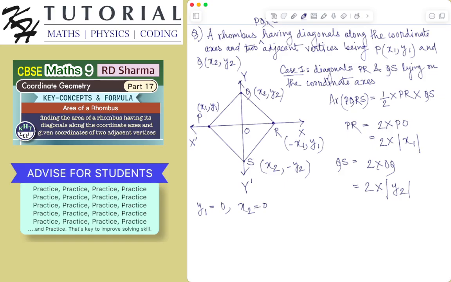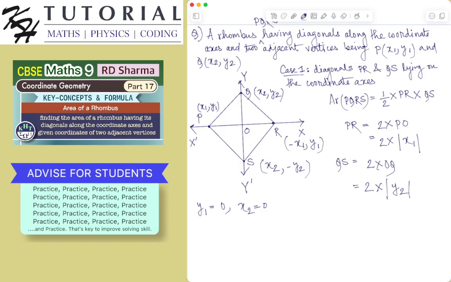So based on the coordinates of the adjacent vertices P and Q, you have to judge whether the diagonals are lying on the coordinate axes or are just parallel to the x-axis and y-axis, which I will discuss in case 2. If the coordinates of the points P and Q are given such that y1 is 0 and x2 is 0, then we can say that the diagonals of the rhombus are lying on the x-axis and y-axis.